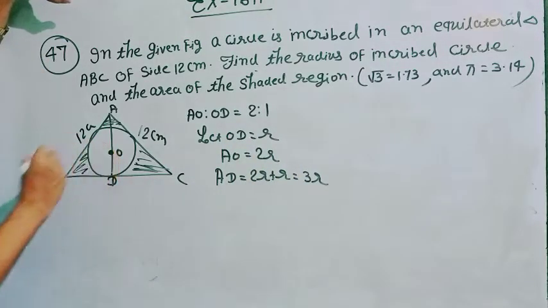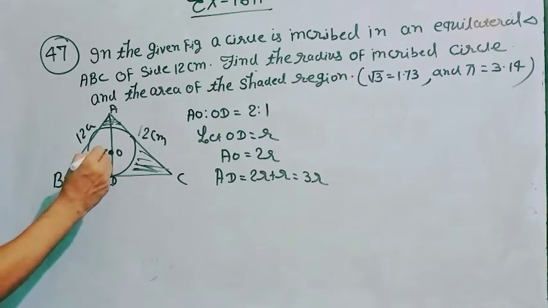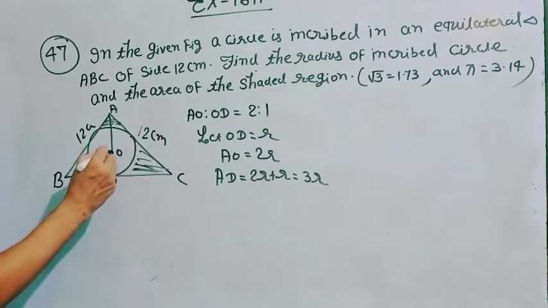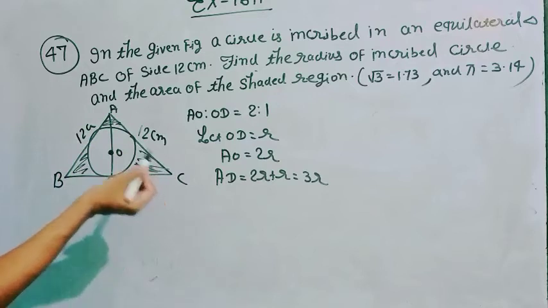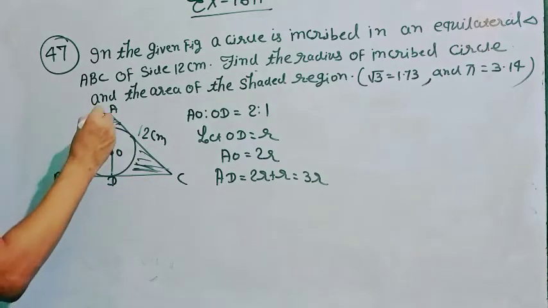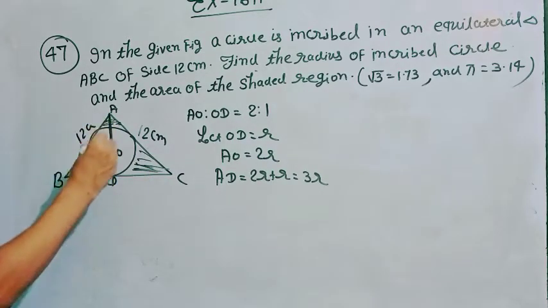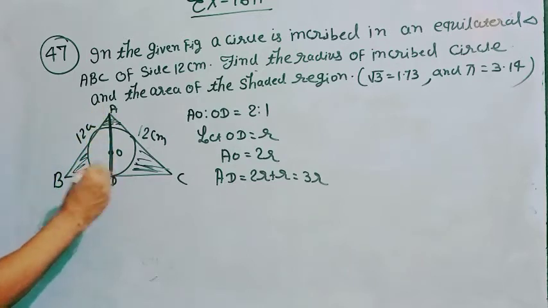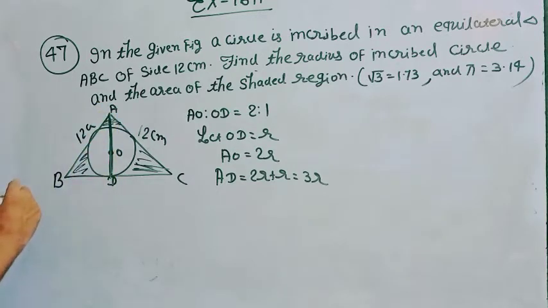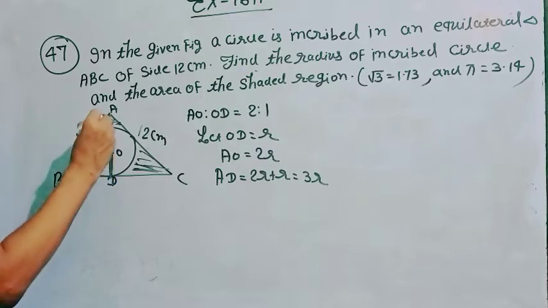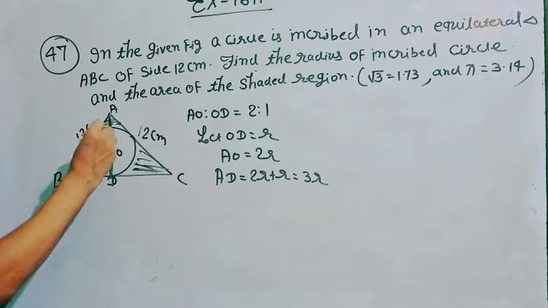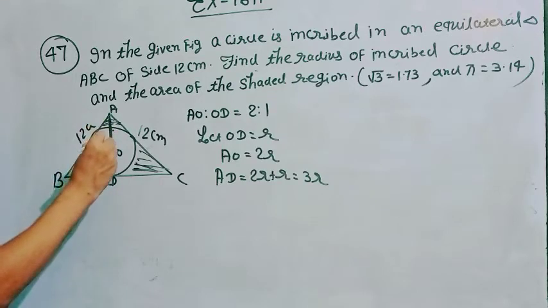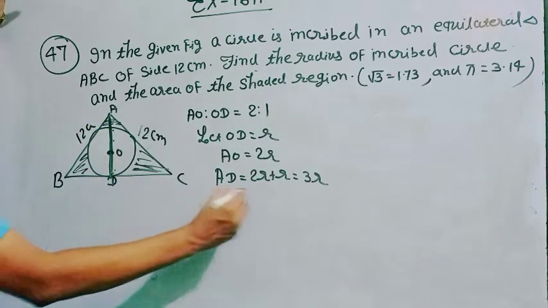Because in an equilateral triangle, the circumcenter, incenter, orthocenter and centroid lie on the same point. So this is the altitude, and it is also the median, angle bisector and perpendicular bisector. So it is the centroid, and the centroid divides the median in the ratio 2:1, here 2 and here 1. So it is 3R.